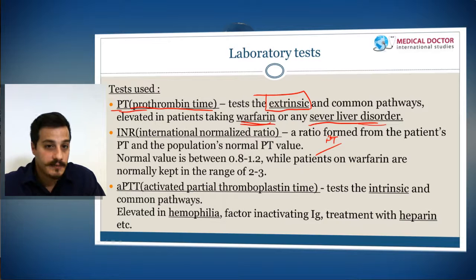The normal value in a healthy individual should lie within 0.8 to 1.2. This is because the PT result of this patient would be very similar to the average PT of the population.